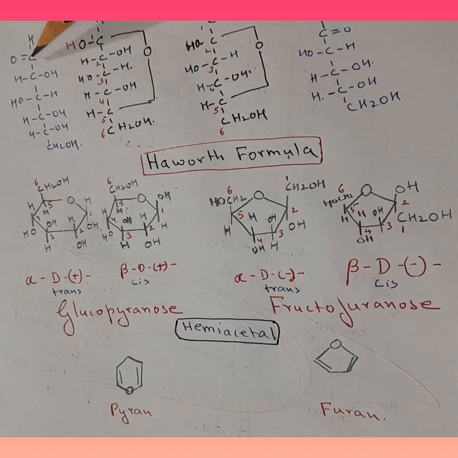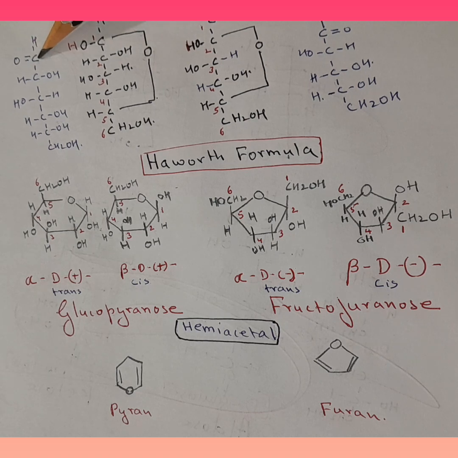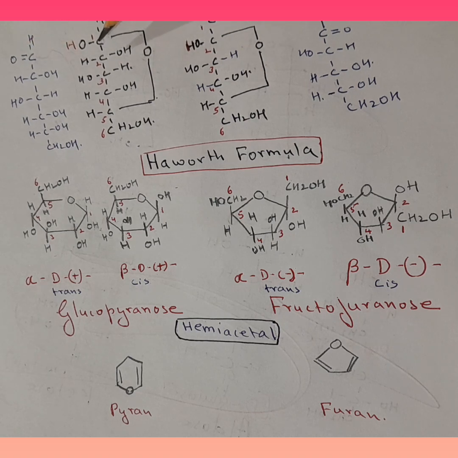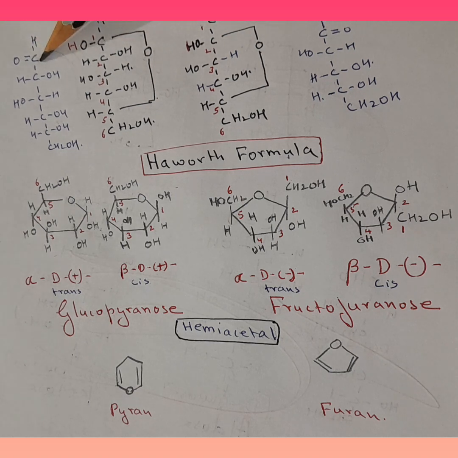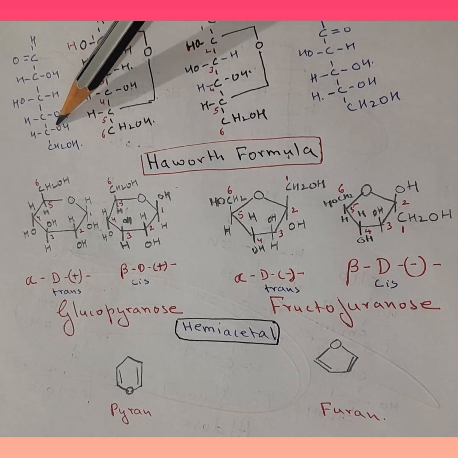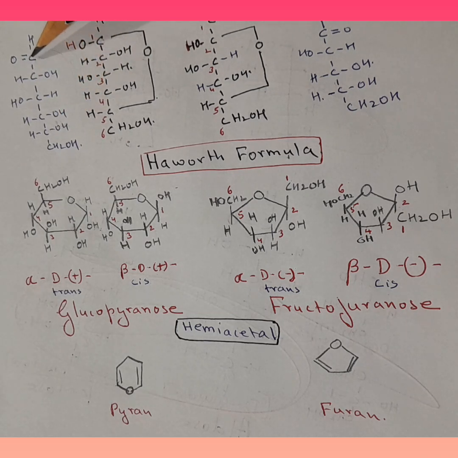This carbon was sp2 hybridized, whereas this carbon is sp3 hybridized. This is a planar structure, this is a three-dimensional tetrahedral structure. So now since it is a planar structure, the O can attack the carbon from below as well as from top.